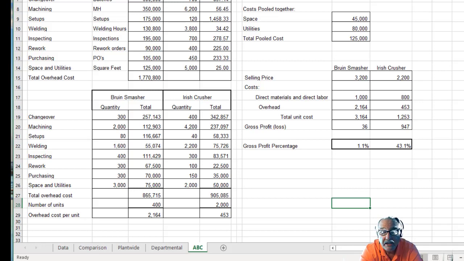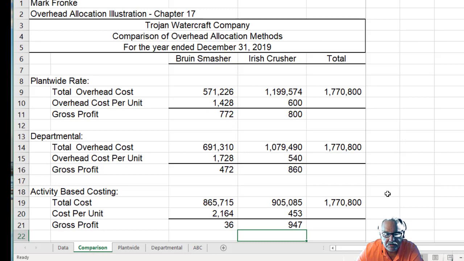Again, more accurate. And the bottom line is we may not be charging enough for the Bruin Smasher based on the process that it has to go through. It's our custom product. And if we go to the comparison, it's the same amount of overhead being applied here.